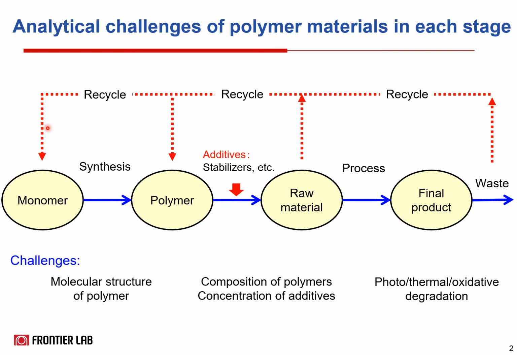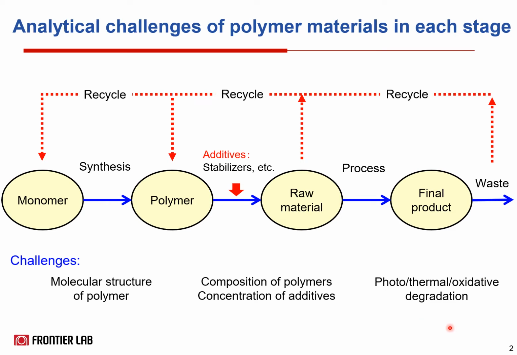From the viewpoint of manufacturing and quality control, it is important to analyze the molecular structure of polymers, the composition of polymer and concentration of additives, and structural change associated with photothermal oxidative degradation.